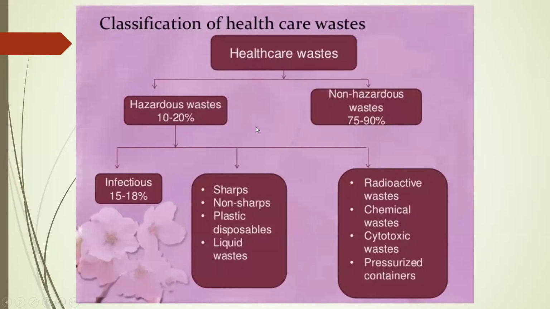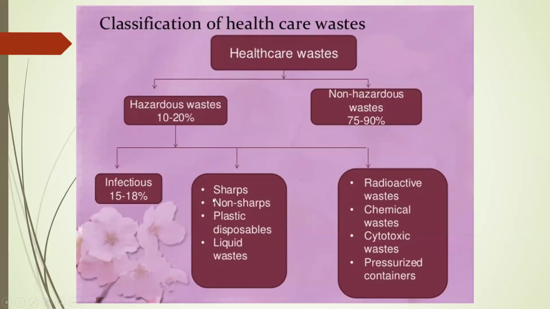These wastes pose significant health or environmental risk due to their infectious, toxic, or physical properties. Within hazardous waste, infectious waste, which is 15 to 18%, contains pathogens that can cause infections in humans or animals. This includes waste contaminated with blood, body fluid, cultures, or swabs from infected patients.